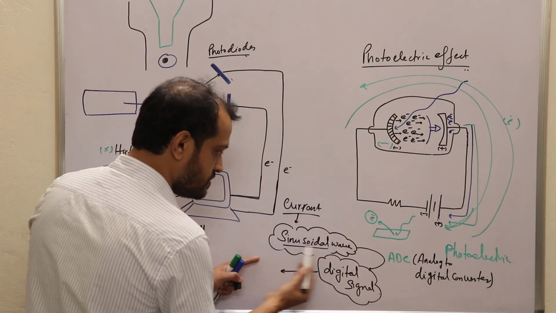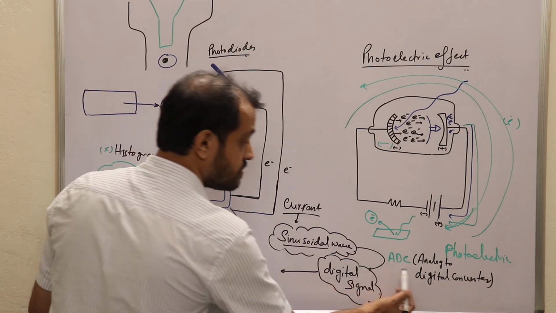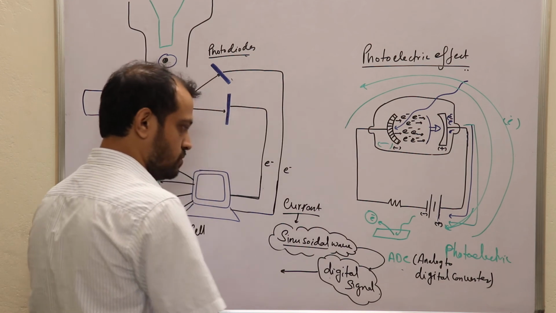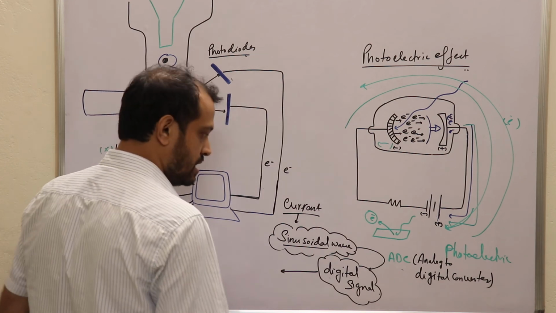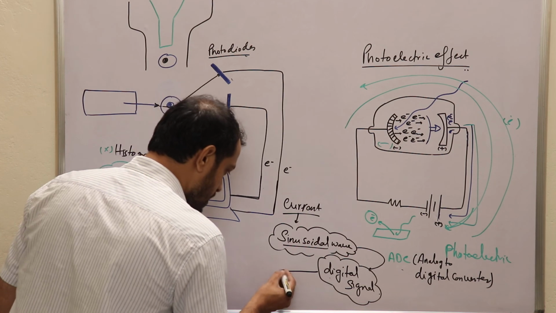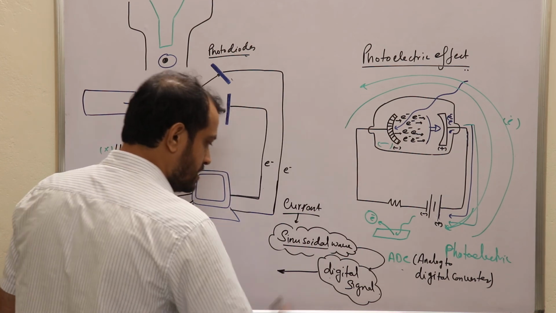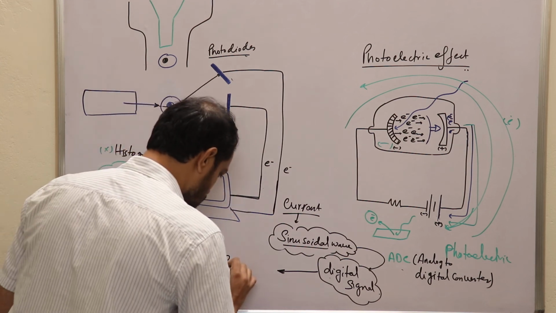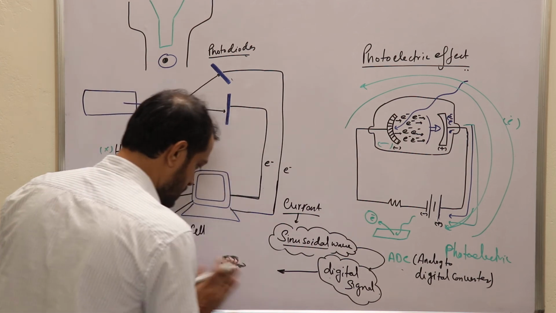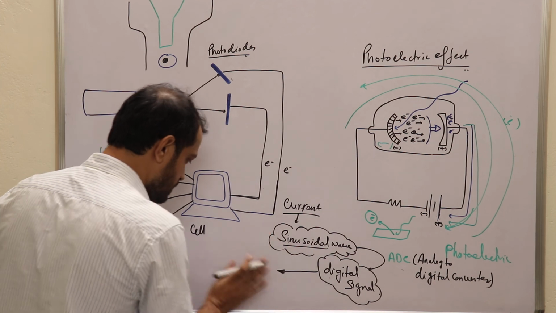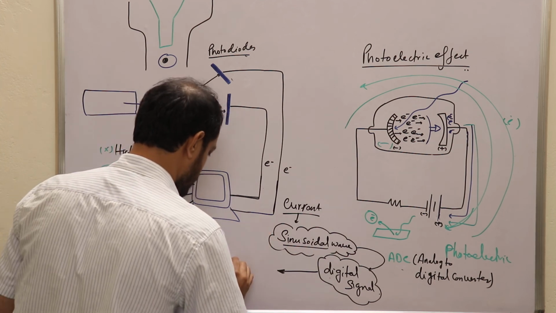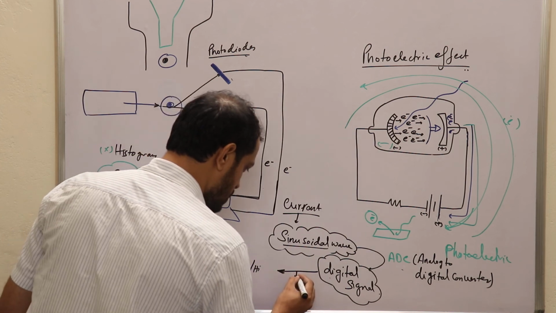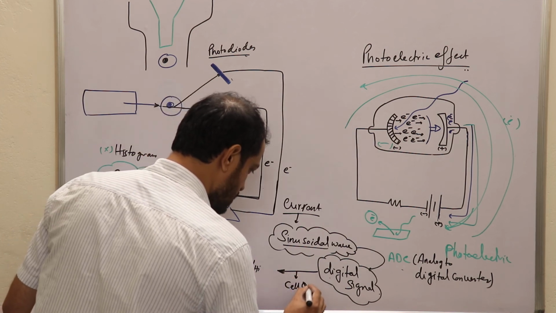That means the sinusoidal wave is converted into a digital signal with the help of ADC, analog to digital converter, which is a well-known name in electronics. The digital signal is then converted into plots, scatter plots and histograms, with the help of software by the name of CellQuest.